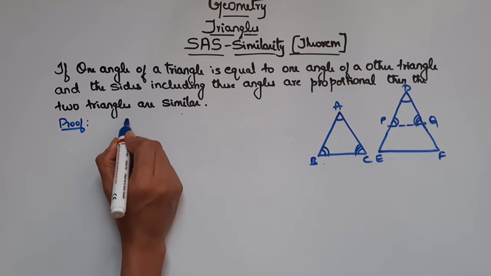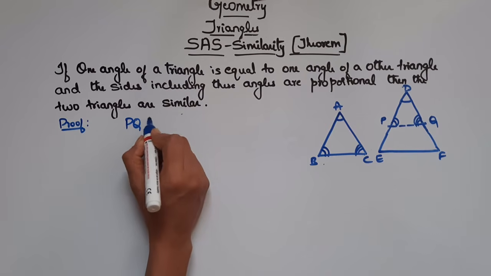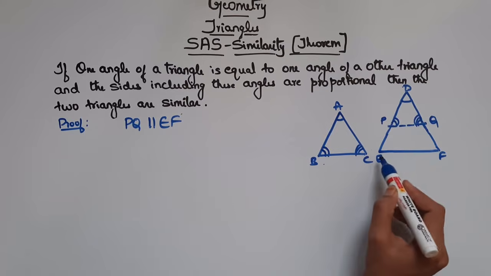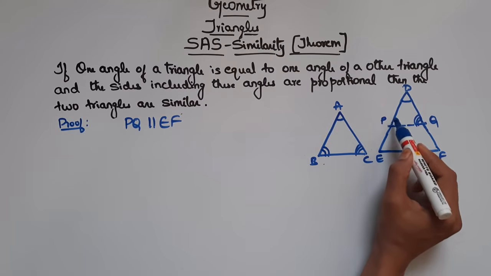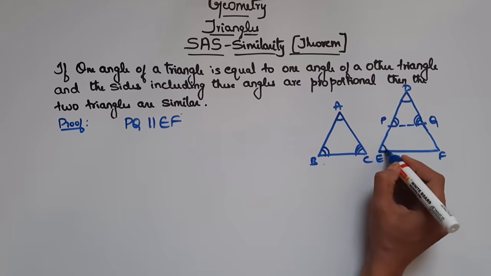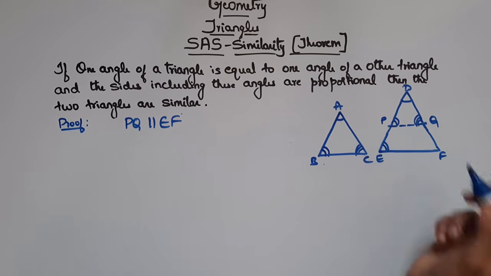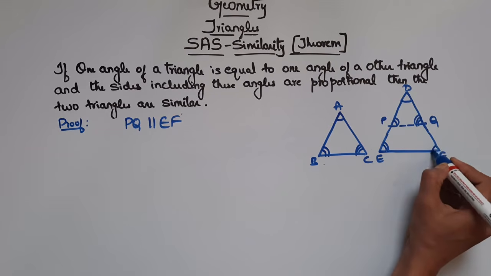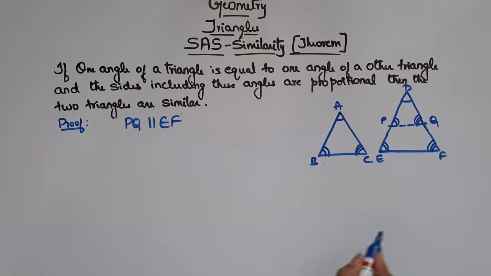So now we have said line PQ is parallel to EF, right? So if PQ is parallel to EF, that means angle P is equal to angle E. Agreed? That is the corresponding angles. Similarly, angle Q is equal to angle F, right?